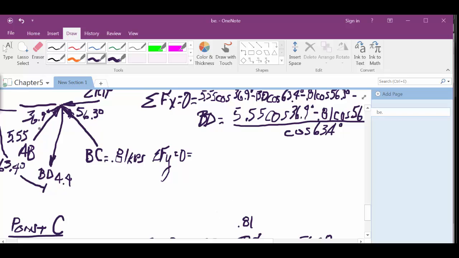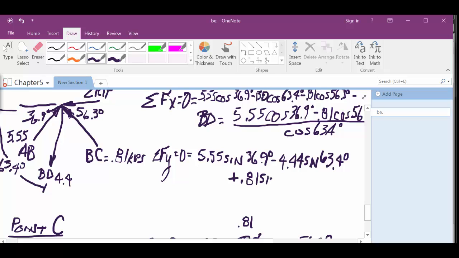So if you list the y components, you've got 5.55 times the sine of 36.9 minus 4.44 times the sine of 63.4 plus 0.81 times the sine of 56.3.